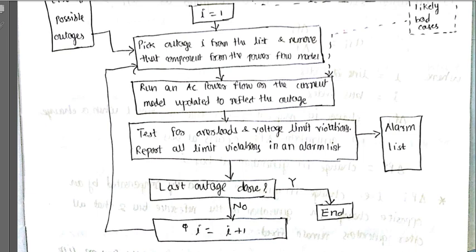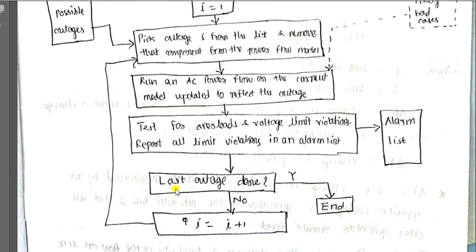Then we will check whether it is the last outage, whatever ith contingency we have considered. Is it the last outage? That we will check. If it is yes, then we will stop. But if it is no, since we have just now considered the first contingency, there is yet a list to be covered.